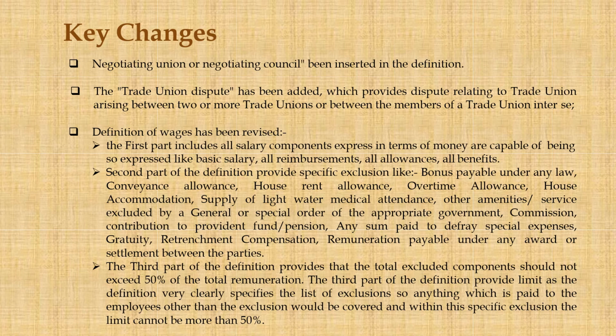It should not exceed 50% of the total remuneration. The third part of the definition provides a limit. As the definition very clearly specifies the list of exclusions, anything which is paid to the employees other than the exclusion would be covered, and within this specific exclusion the limit cannot be more than 50%.